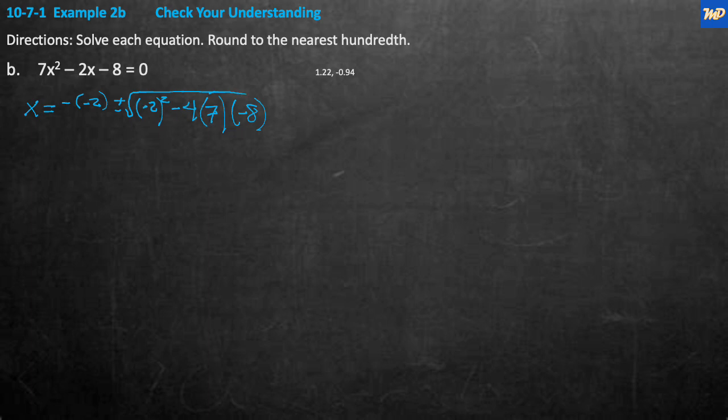I'll extend out our radical here a little bit. And that's all over what? 2a, 2 times 7. So let's go to the next step.